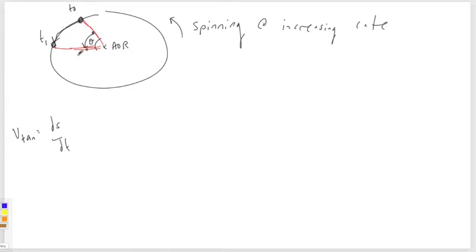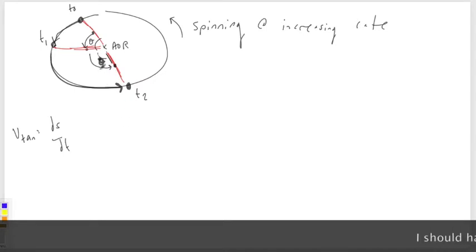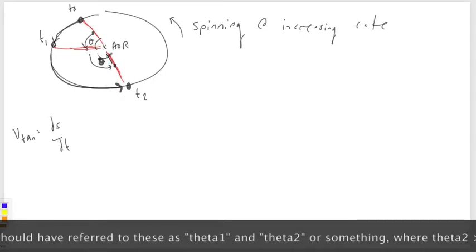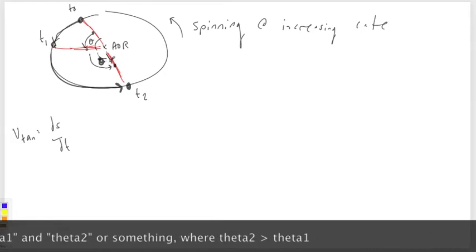But then maybe I just turn my record player on, and so it's speeding up. Well, in the next second, this system is going to be sweeping out an even greater angle. Okay, so in this next time interval, I'm sweeping out an even bigger angle, theta.